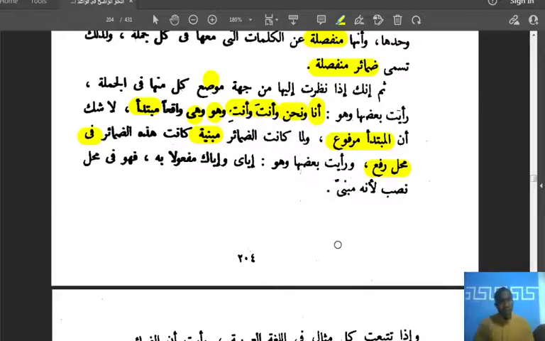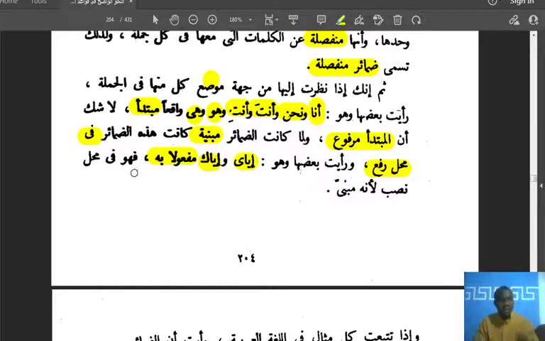I'll just go back quickly and do the i'rab for us to see. وَرَأَيْتَ بَعْضَهَا, and you see some of the pronouns also, وَهُوَ, which are إِيَّايَ, إِيَّاكَ. You find these coming as مَفْعُولٌ بِهِ, as I indicated.